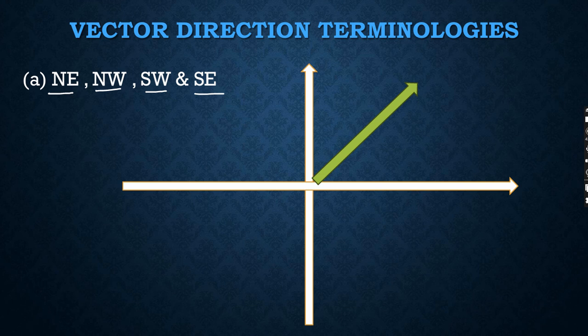Okay, so when you see the vector is moving northeast, let me start with northeast, because here we know that it's our north, here it is our west, here it's our south, and here it is our east.